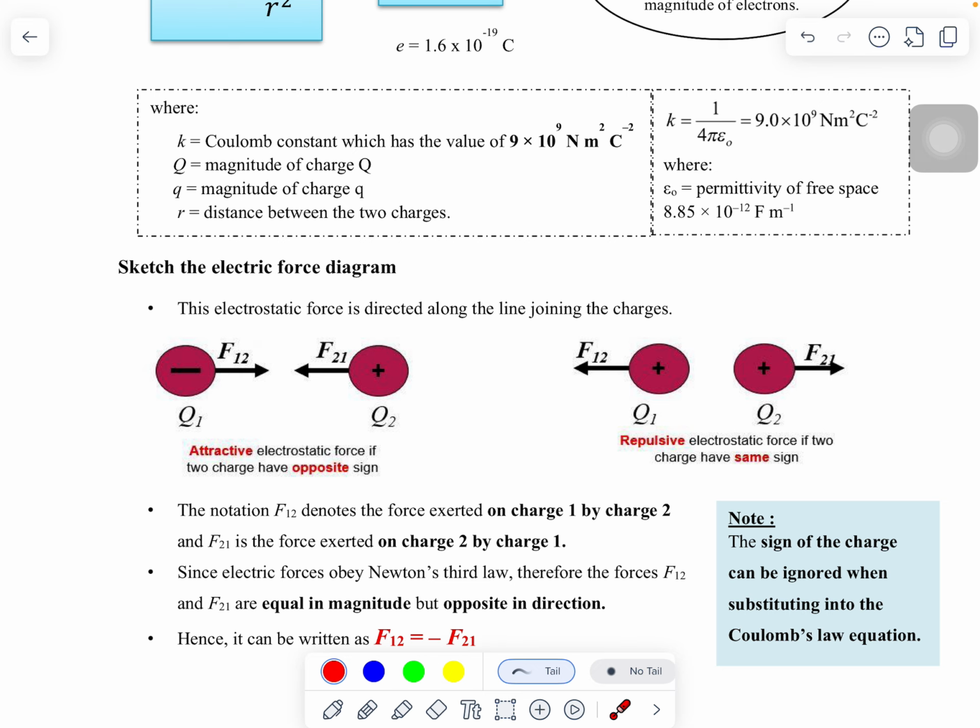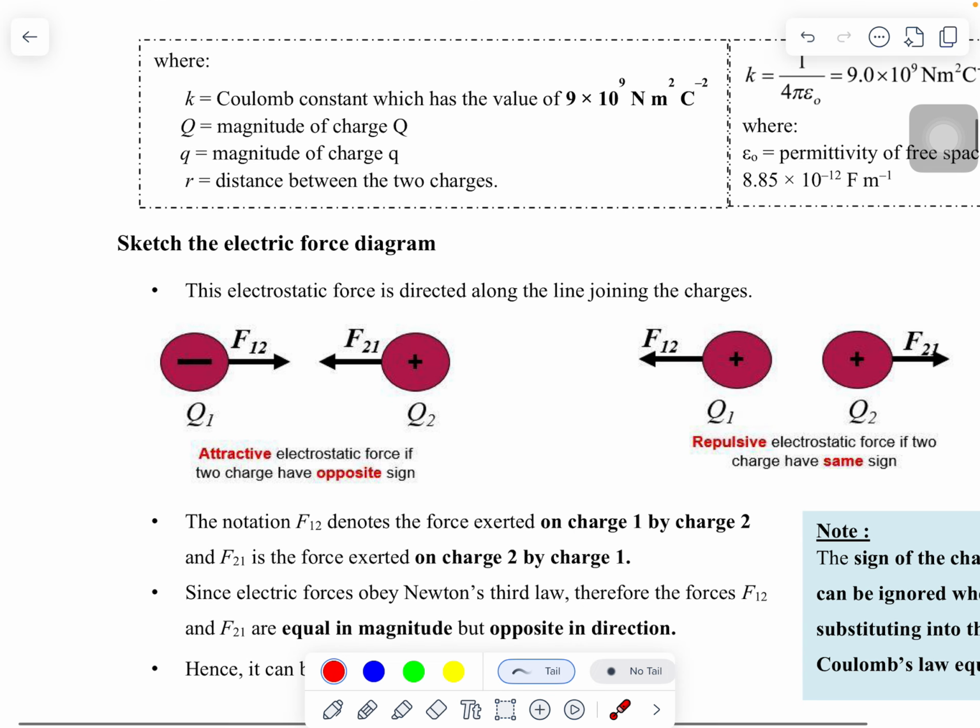Cara untuk kita label force ni based on di mana kita label. Sebab dekat sini ada 1, 2 and 2, 1. Okay, so number di depan, number 1 adalah di mana kita lukis force tersebut. So kita lukis dekat charge 1, so 1 di depan. Siapa partner dia? 2, so 2 di belakang. So yang ini dia akan jadi terbalik.